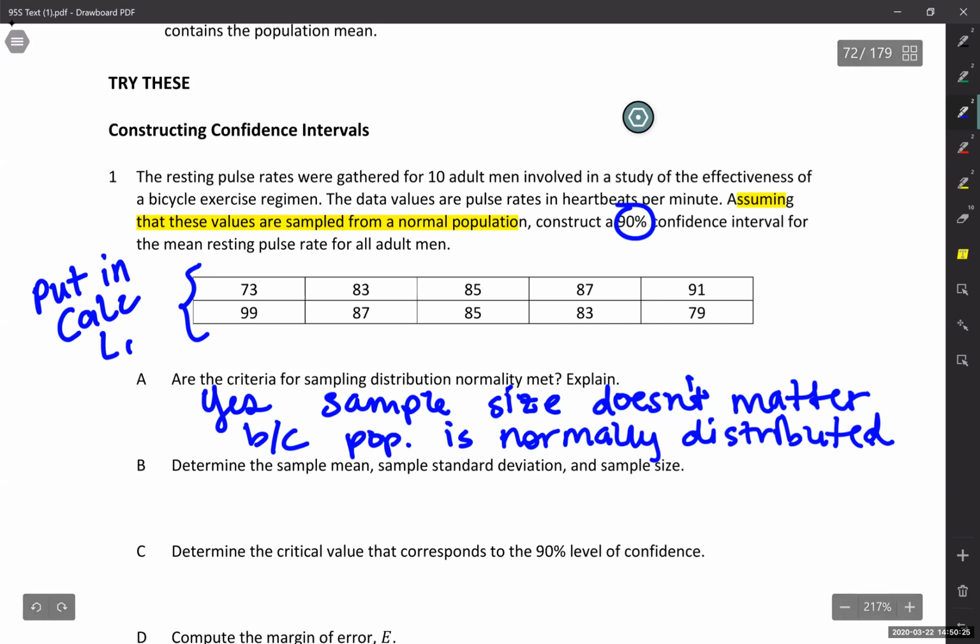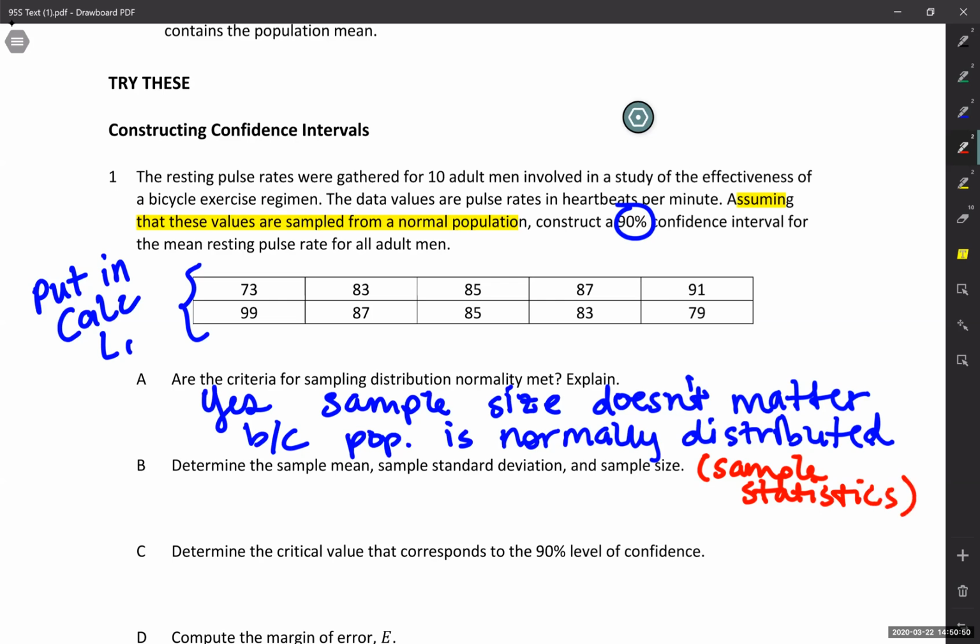Okay, so now we're finding these three values, and these are called sample statistics, because on the test and on the homework it's not so obvious that this is a mean problem, like I said at the beginning of this video.